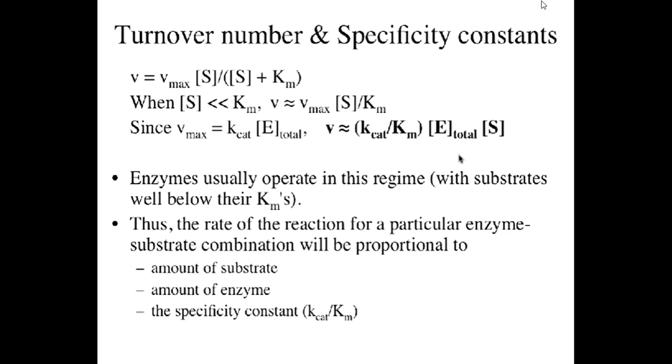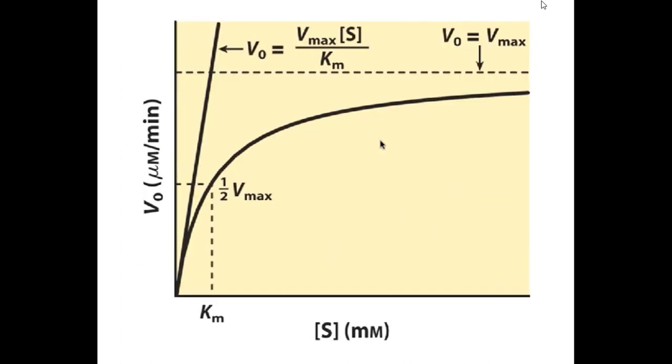Okay, and this makes sense, because basically what this is telling you is the rate of the reaction is about proportional to the amount of substrate. That is, if you double the substrate, you double the rate. If you double the enzyme, you double the rate. And the specificity constant, that is how good the enzyme is. If you double that, you double the rate as well. Okay?